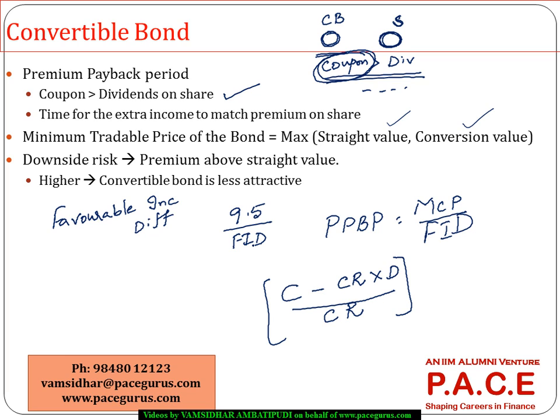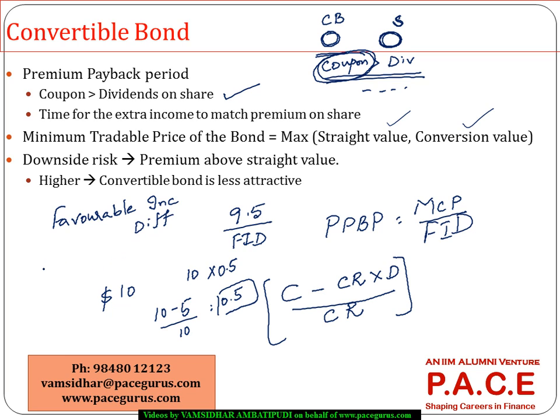And when I find the coupon minus the conversion ratio times the dividend, let's say currently I'm getting a coupon of $10, whereas because I'm able to convert one bond into 10 shares, and each share is going to give me a $0.5 dividend, the numerator is going to be 10 minus 5, divided by 10. So 0.5 is coming out as the favorable income difference.